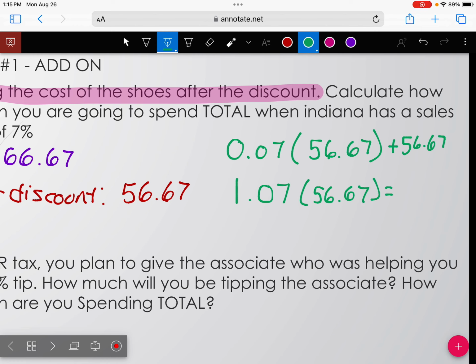So total, how much are we spending on these shoes according to the register? $60.64. Watch your rounding.